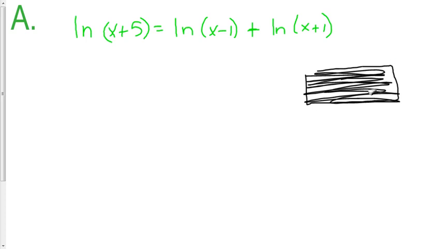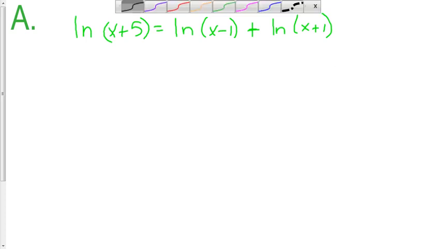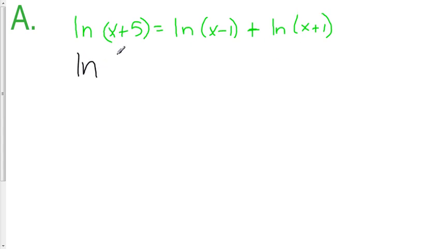We have two things on this one side. So what you must do first is condense this down to one expression. So ln of x plus 5 is not going to change. Ln of x minus 1 plus ln of x plus 1, because it's addition in between and you're going to condense this, you would then end up having to multiply.